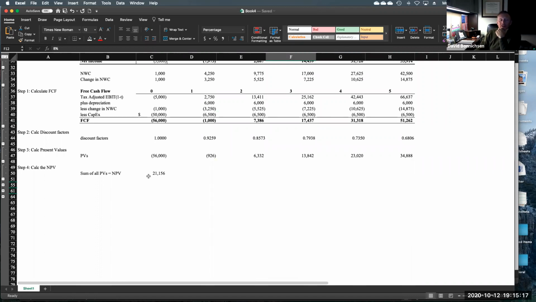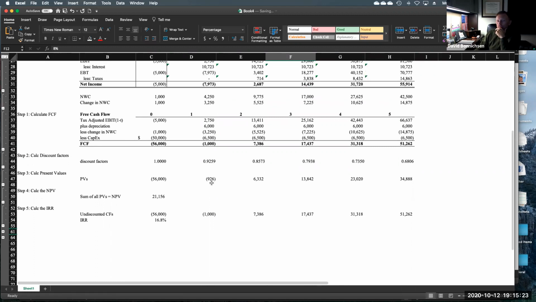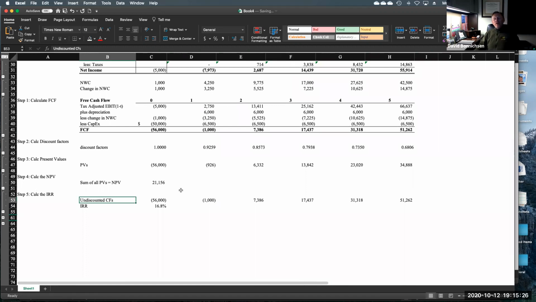Then we're going to take it one step further tonight, a few steps further. We calculate the internal rate of return. Okay? So the internal rate of return within Excel uses the undiscounted cash flows, right? Because the internal rate of return is the discount rate that would be required in order to set the net present value to 0.